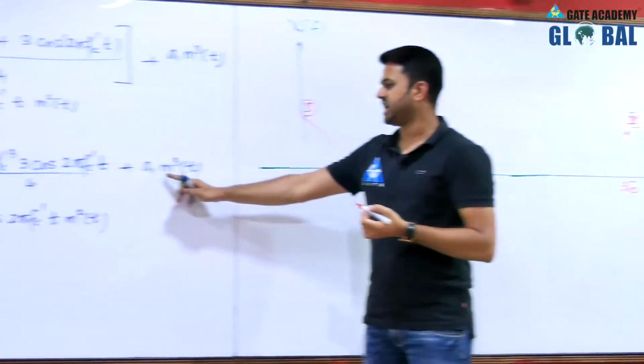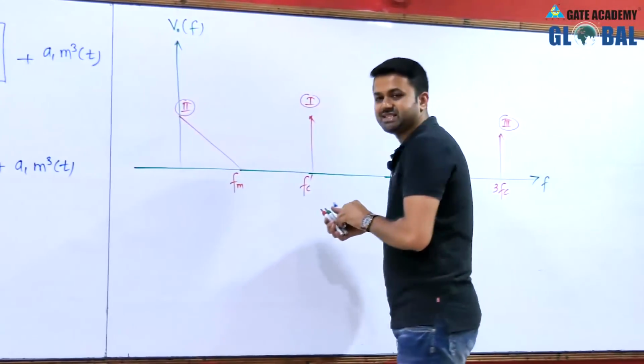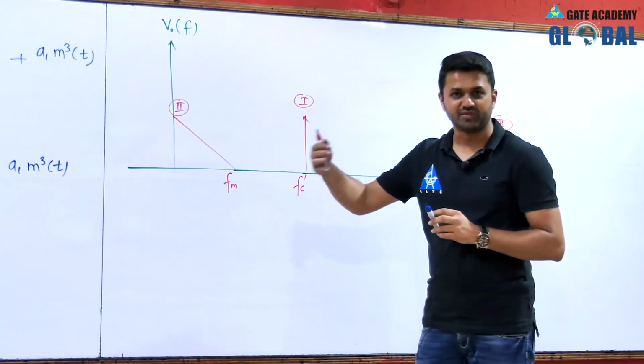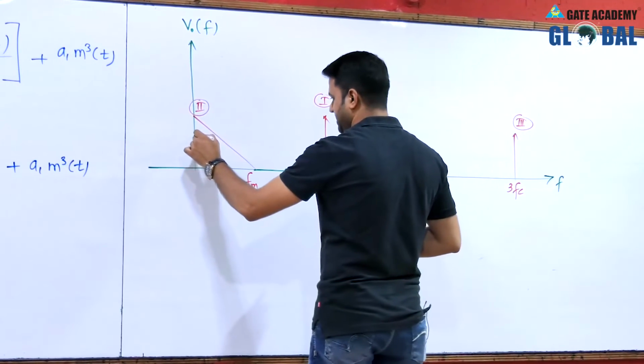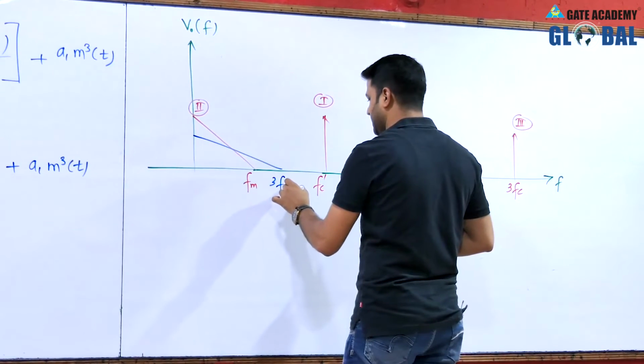And the fourth term is A1 m cube t. The message signal has frequency fm, so m cube will have frequency 3fm. So this is up to 3fm.